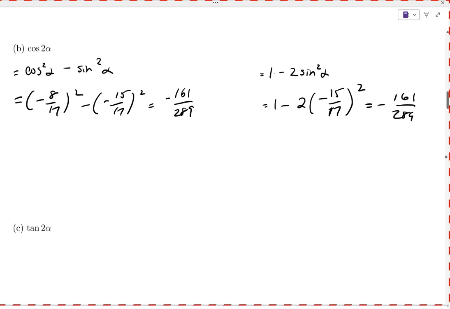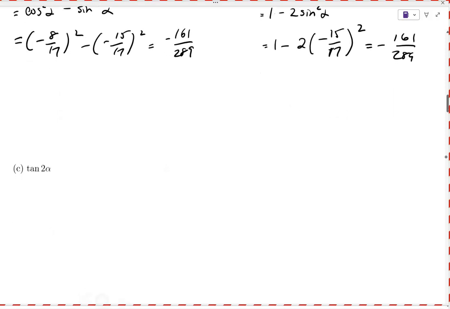For tangent of 2 alpha, what do we replace that with? Yep. 1 minus tangent squared.